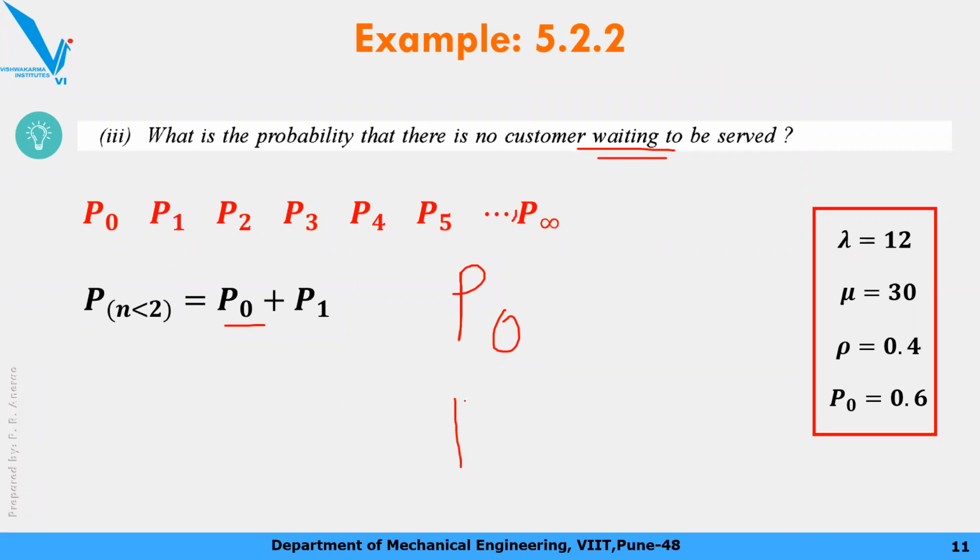Another case, if there is only one customer present in the system, that means he directly goes on to the counter. He is not waiting to be served. He will directly go on to the counter. So ये दो cases है. So probability that there is no customer waiting means probability of having zero customers plus probability of having one customer.